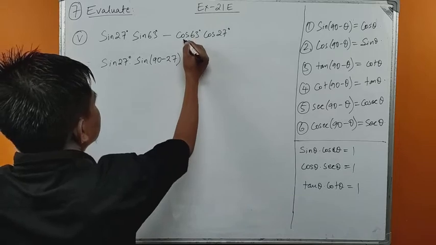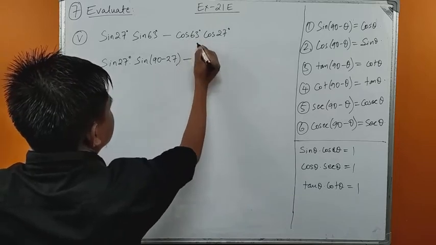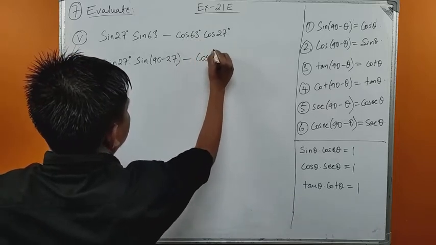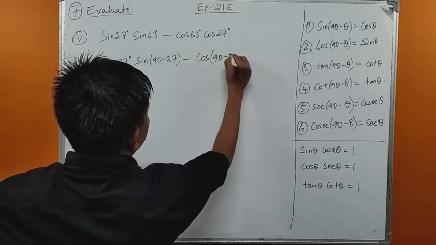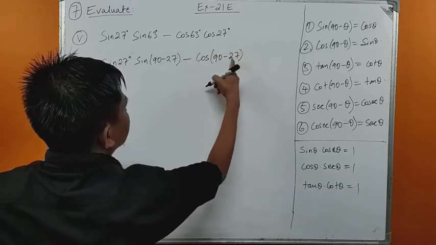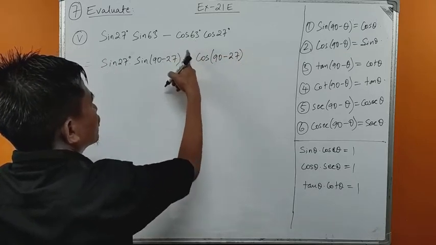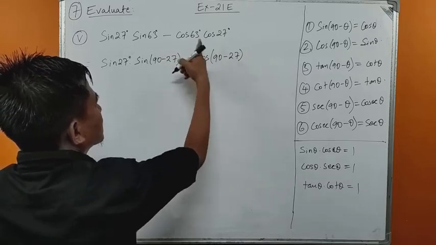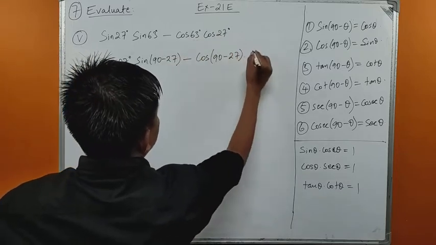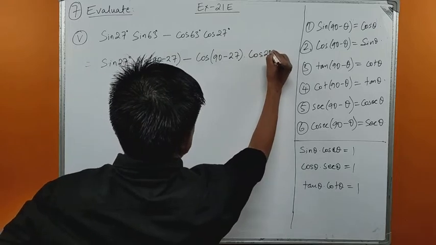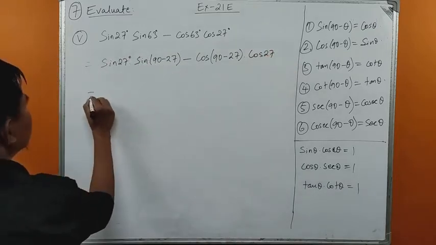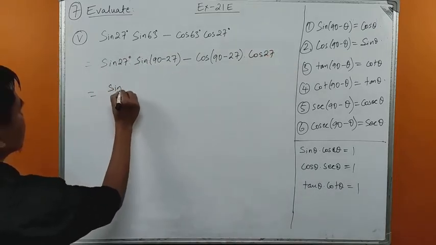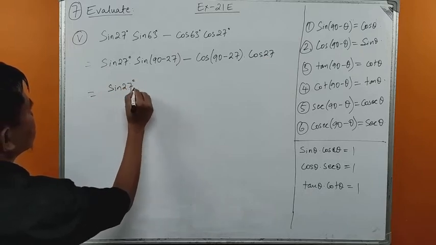Okay, so this is cos 63 degrees, isn't it? So cos 90 minus 27. 90 minus 27 is 63. This cos is this cos. 90 minus 27 is 63 into cos 27. Okay. Now this sine 27 comes here as it is, sine 27 degree.